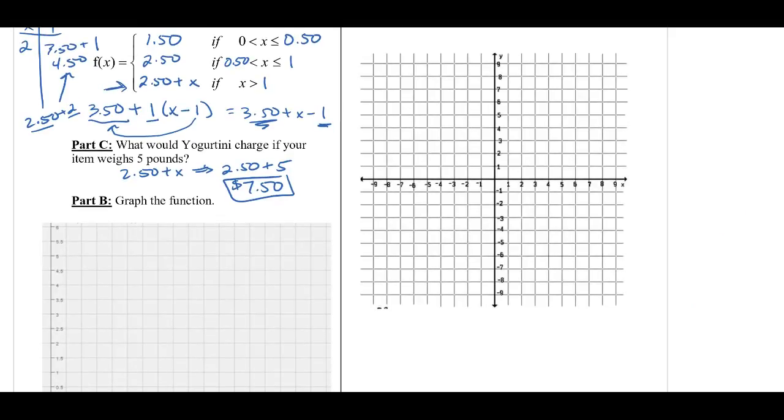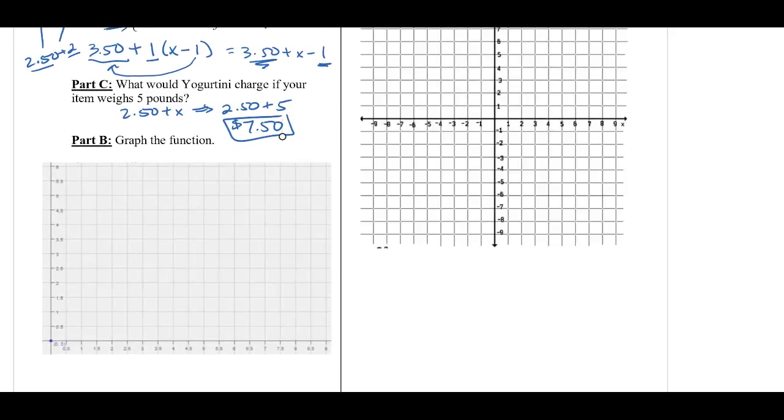So if we're between 0 and half a pound, we're getting charged $1.50. So from 0 pounds to half a pound, that's this first interval here, we're getting charged $1.50. So we have a horizontal line, we have an open circle at 0, closed circle at half a pound.